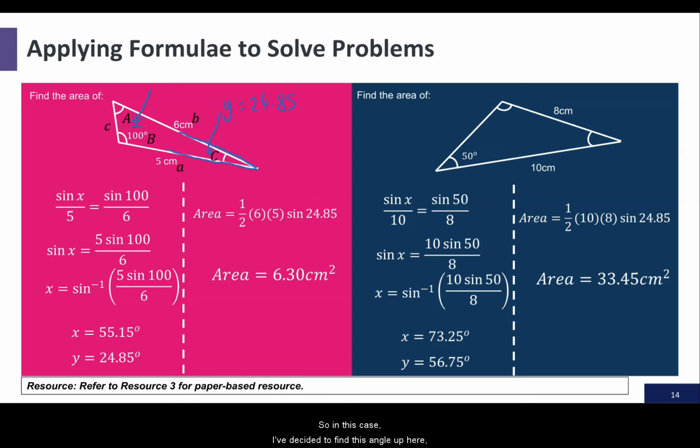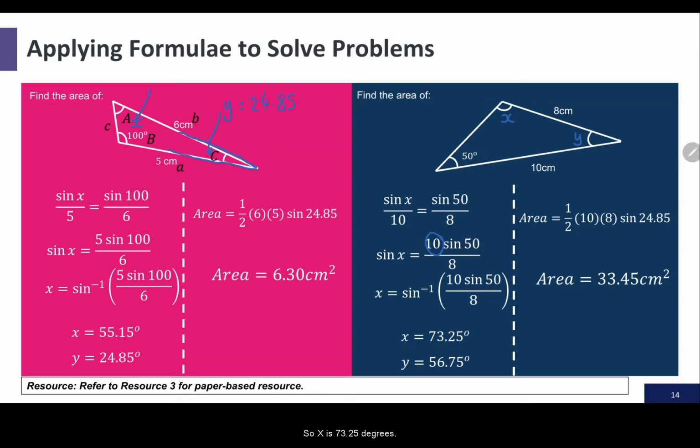In this case, I've decided to find this angle up here, which I'm calling x, and this one y. So sine x divided by 10 is equal to sine 50 divided by 8, multiplying through by 10, which gives me this numerator here. Then inverse sine both sides.